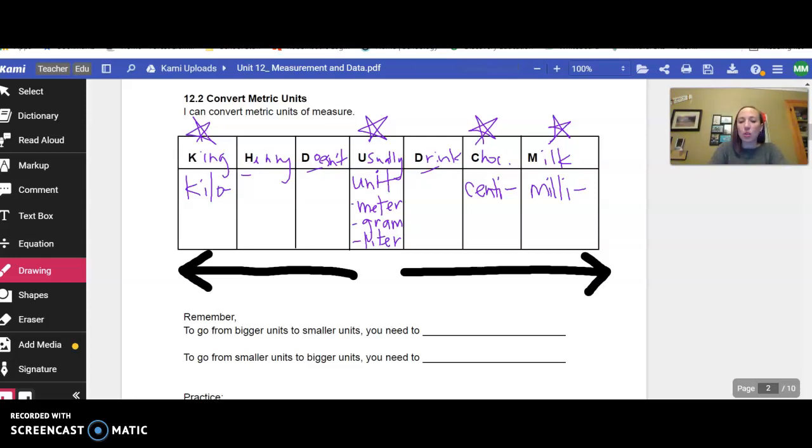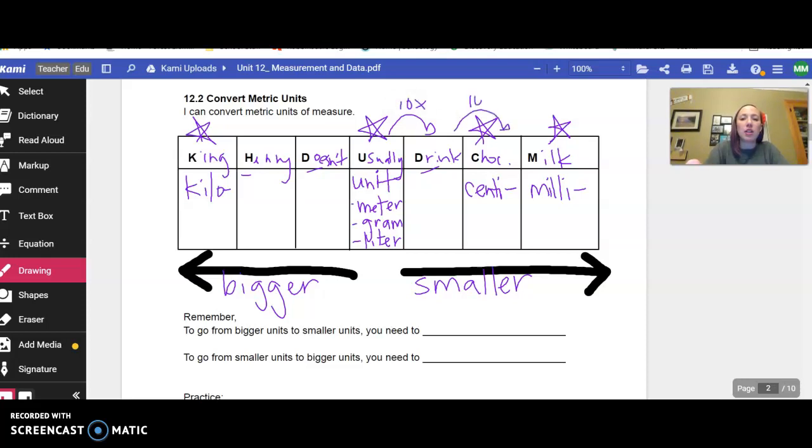So, as we go to the right, they get smaller. So millimeters are smaller than centimeters, which are smaller than meters, which are smaller than kilometers. So as we go to the left, they get bigger. And just like our places with our numbers, it's 10 times bigger or smaller. So as I go from here to here, that's 10 times different.